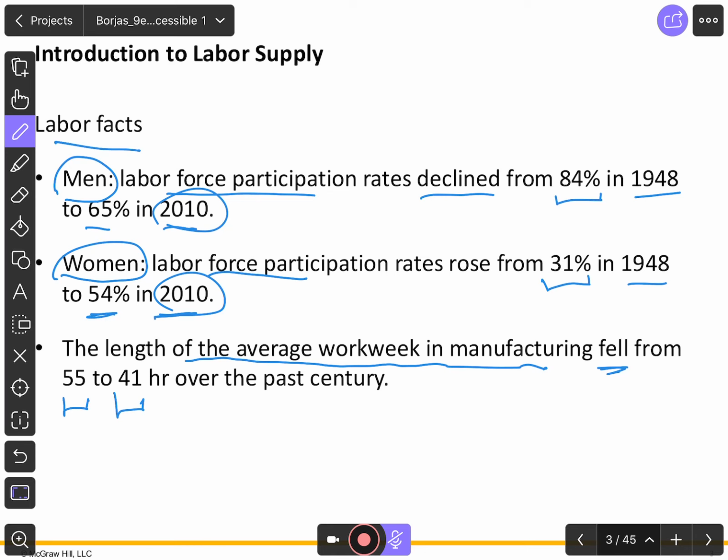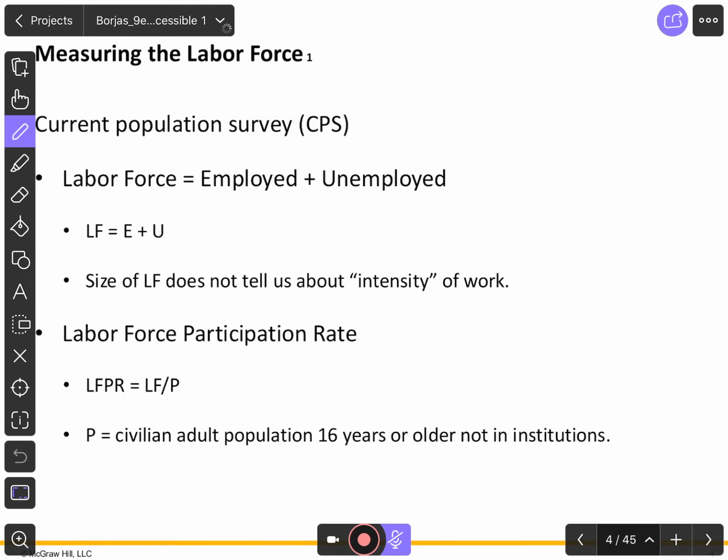You're going to your work, or you're not going, doing other things, sleeping, or going out, or whatever. But in general, the average work week has declined from 55 to 41 hours per week. It's like people have started to appreciate leisure time or non-labor time.